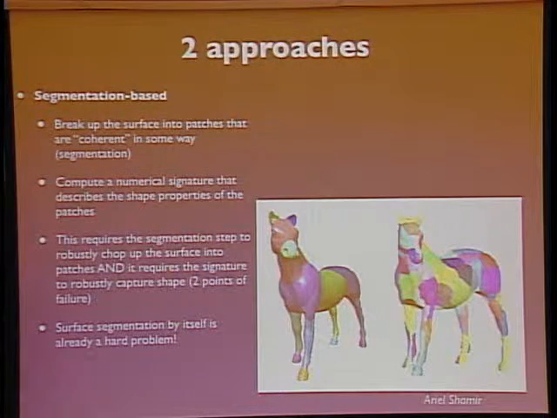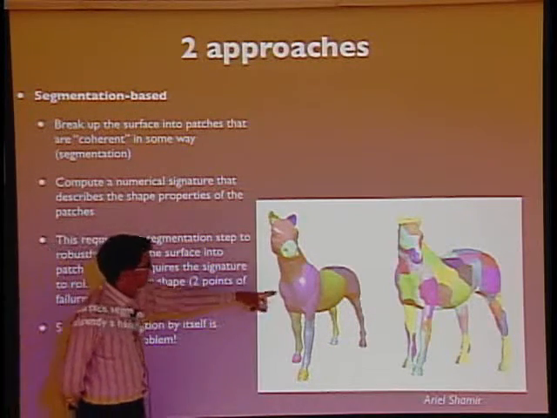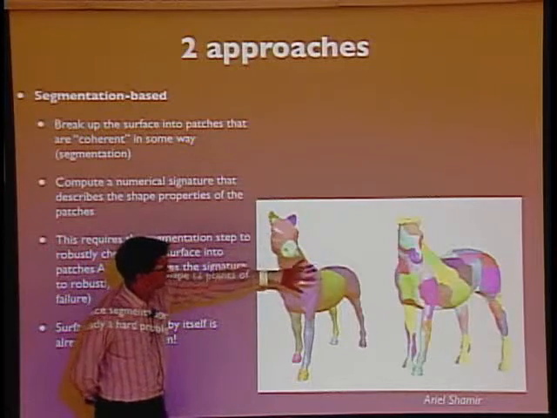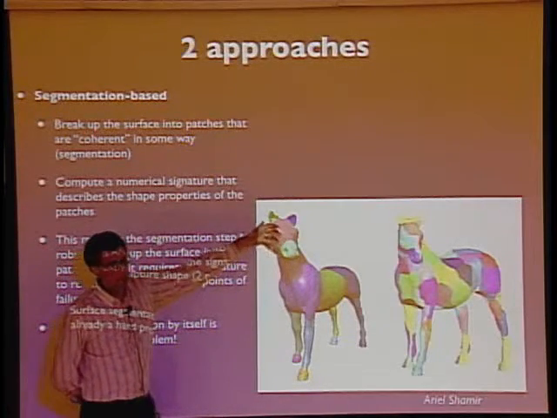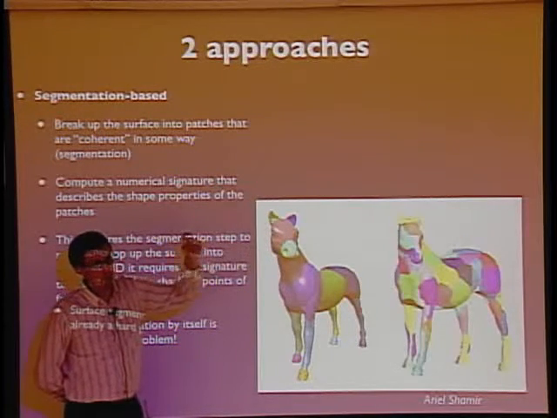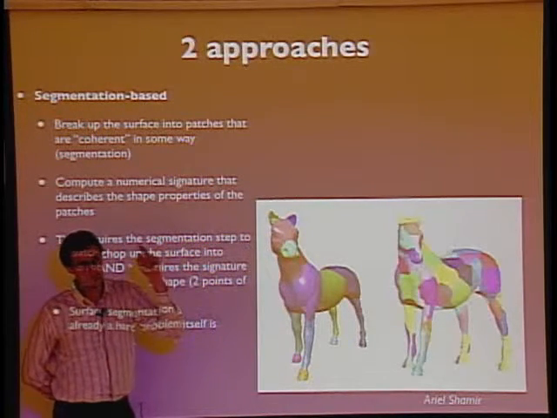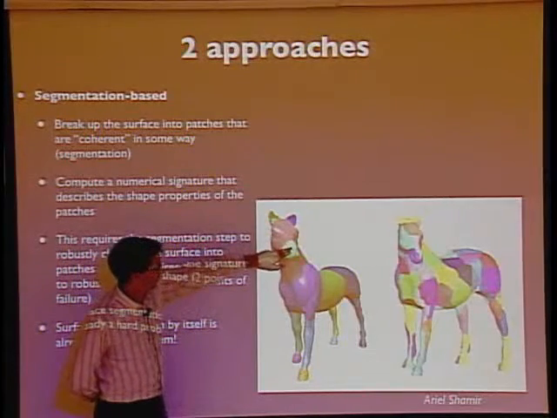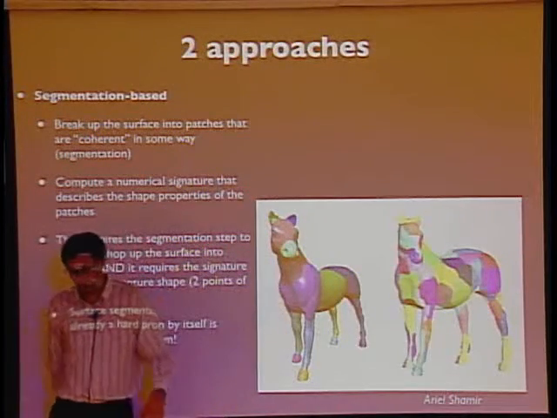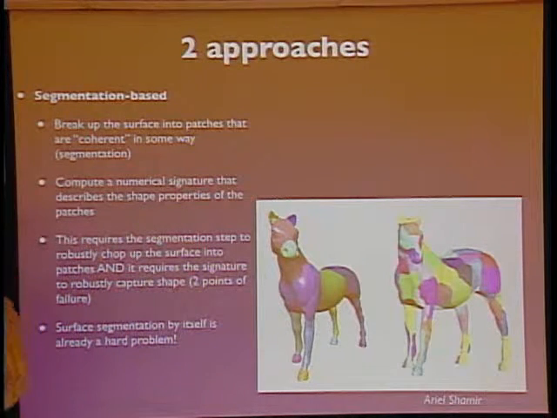basically it's like the photograph segmentation case, where you can't see them, but each one of these, this and that, are made up of a set of points connected by edges. And the segmentation problem is basically a mapping from points to labels. So this would be one label, this would be another label, this would be another label. That's the problem that is solved by the surface segmentation step.